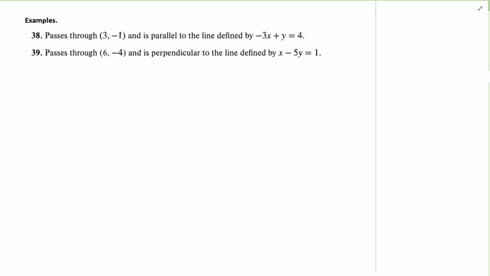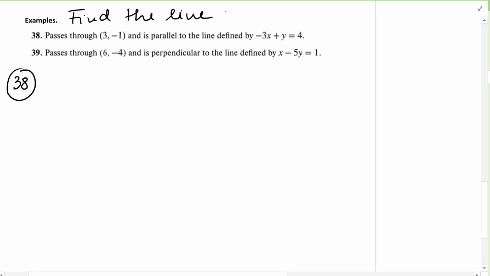And let's do these two examples. Let's do 38 first. It says find the equation of the line that passes through 3, -1, and is parallel to the line defined by -3x plus y equals 4.